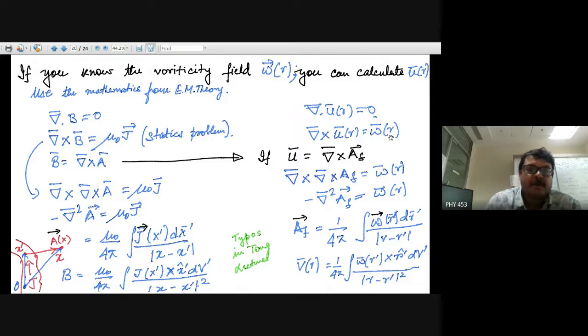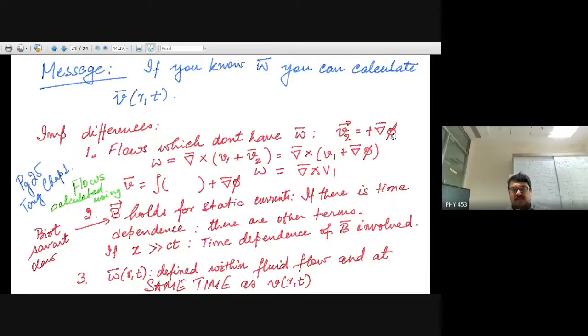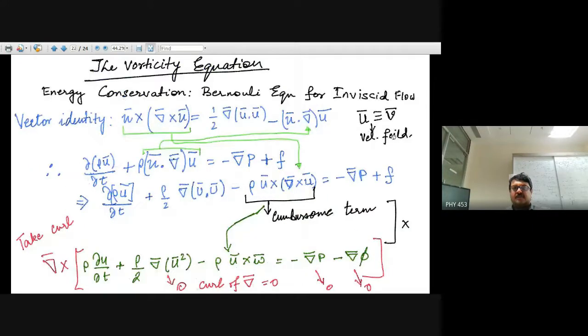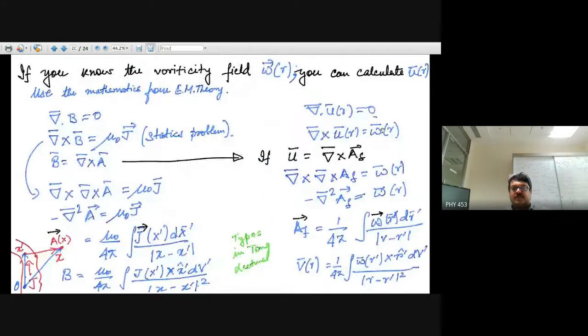Now you know that B can be written as a curl of A, and in that case, u can also be written as a curl of A. And so basically, if this was non-zero, from this experience you can take curl of A equal to mu 0 J.